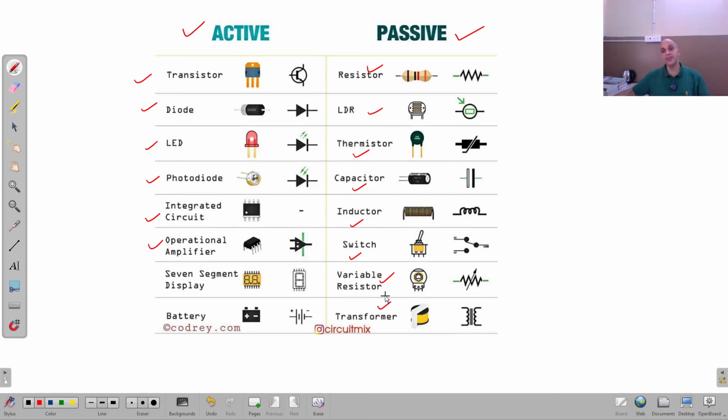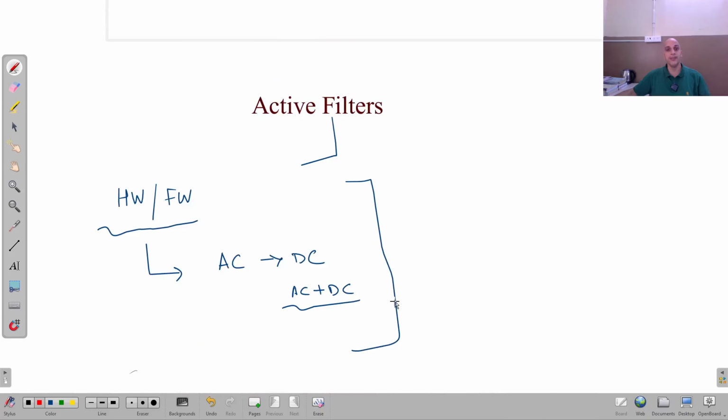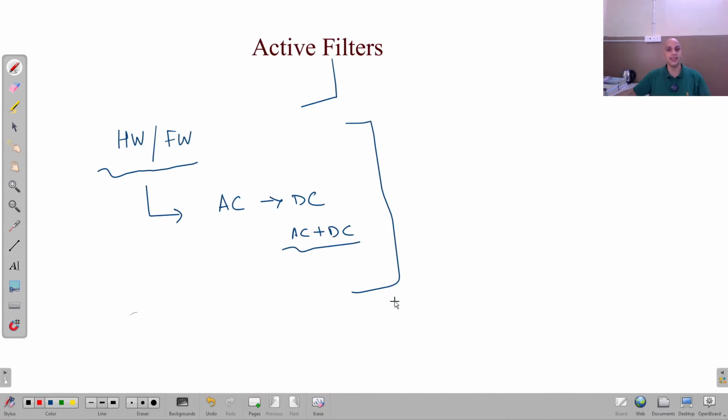So I was saying that the filters that we have discussed in the previous classes were passive filters, right? Passive filters means they were dependent totally on the use of passive components, particularly capacitor C and inductor L, right?